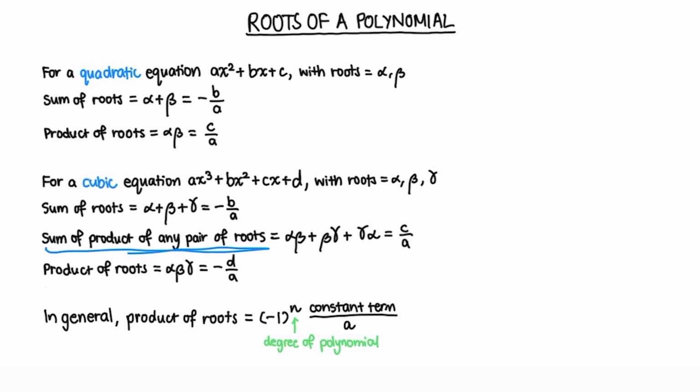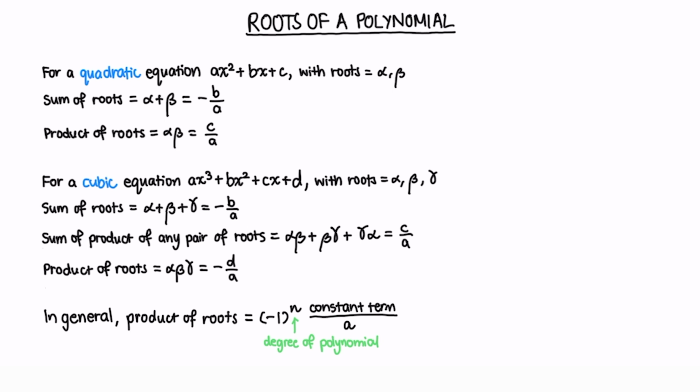Now this name looks a little bit long, sum of product of any pair of roots, but what I'm doing is basically taking all possible pair combinations. So alpha beta, beta gamma, and finally gamma alpha. Finally, the product of roots, alpha times beta times gamma, will be equal to negative d over a.